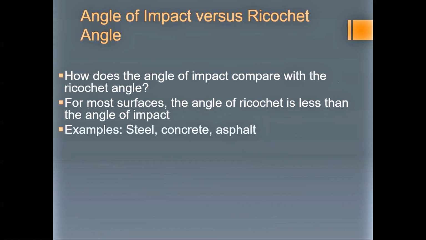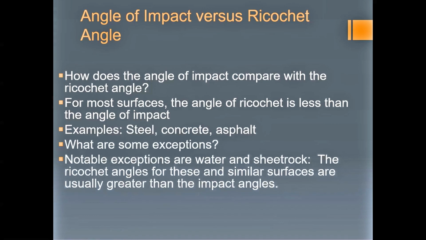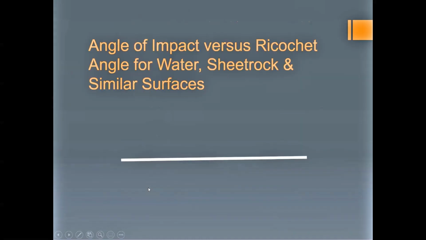So something like steel, concrete, or asphalt could be, if the concrete and the asphalt are pretty solid, they're not the type that break up very easily, right? Which we would call frangible. What are some exceptions? Notable exceptions are water and sheetrock. So the ricochet angles for these and similar surfaces are usually greater than the impact angles.